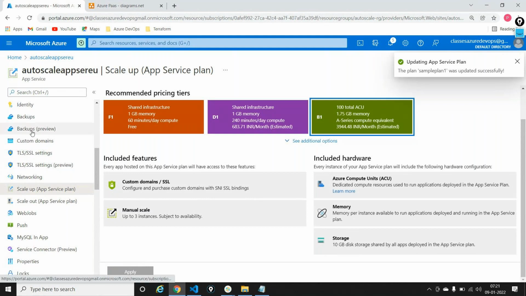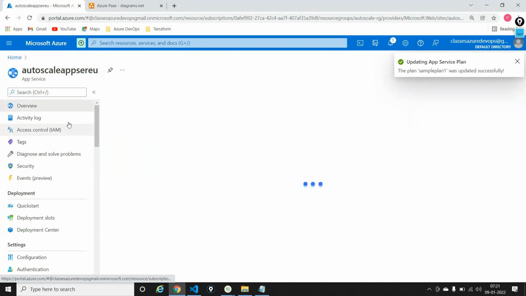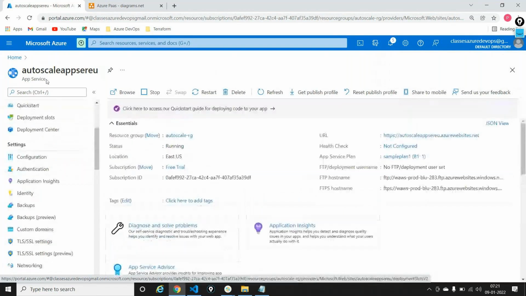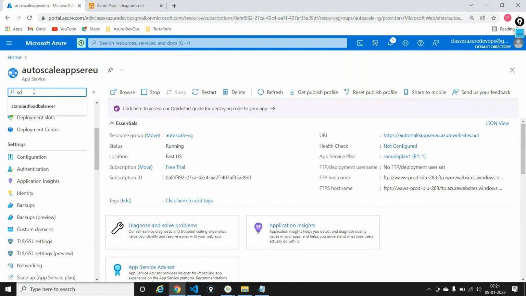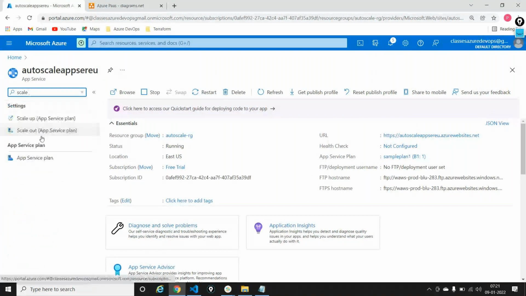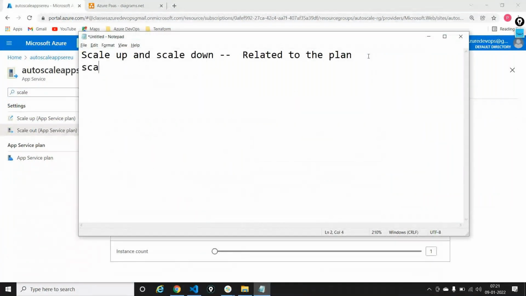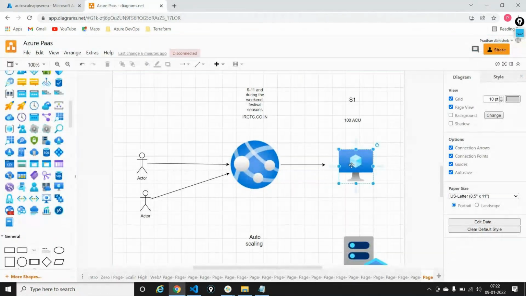As and when I do this and go down, there is something called scale out as well. Now, scale out and scale in: you won't change the plan, but you're trying to increase the backend instances.